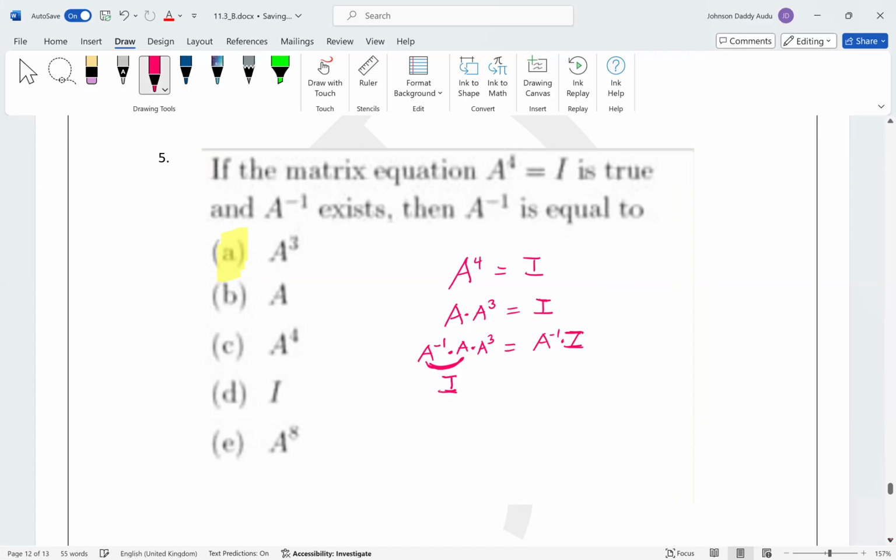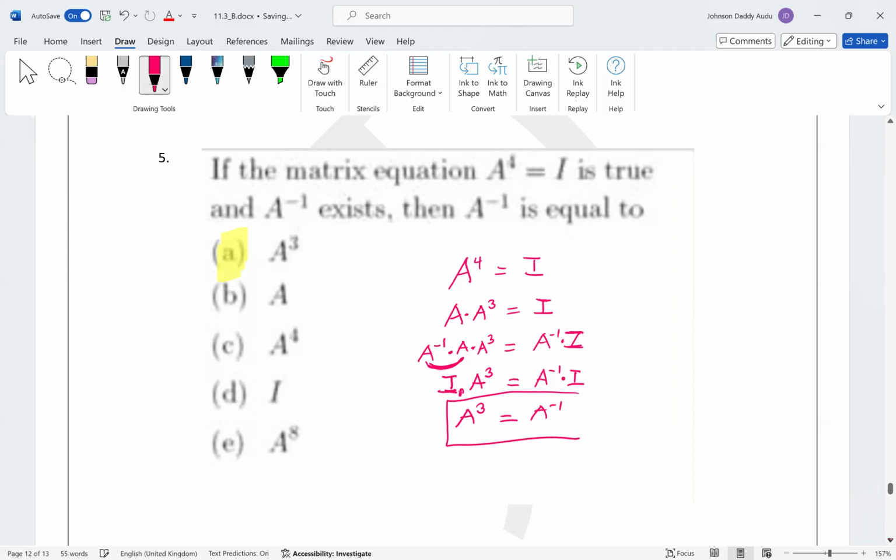We don't know the dimension of A, so we assume it's just I, maybe I_n, times A to power 3. And this is also A inverse times I. Now, whether it's I_n for whatever n, I times A to power 3 is just A to power 3, and A inverse times I is just A inverse.